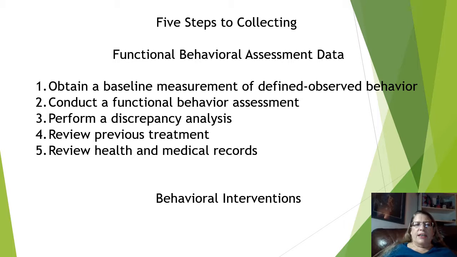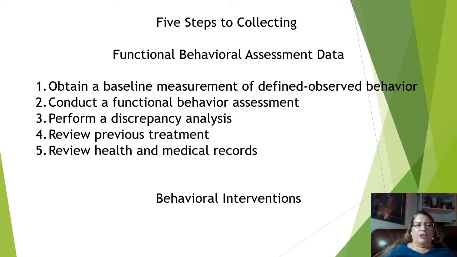What the discrepancy analysis has to do with is looking at whether the behavior is due to one of those contingencies that could be easily remedied without doing a formal behavioral plan. In other words, this is where you look for a discrepancy between what a child can do and what the expectations are.